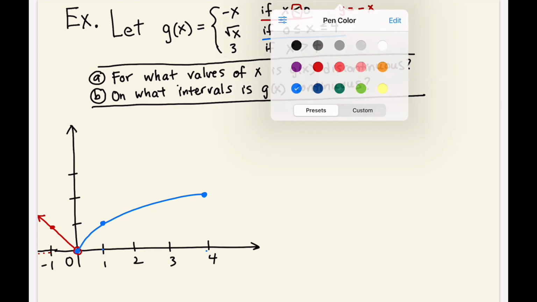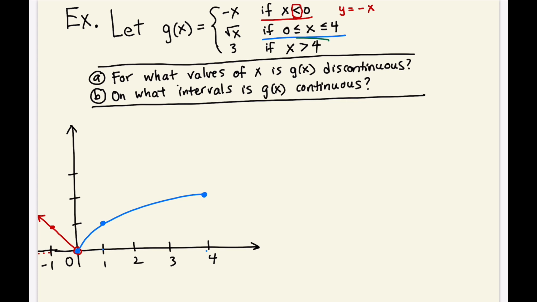Finally, I'm going to graph the third function of my piecewise function, and we will be graphing y equals 3, which is a horizontal line, on the interval 4 to infinity. That interval is right here, it keeps going.